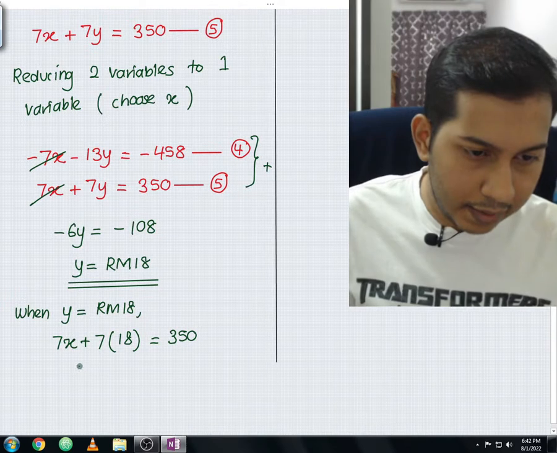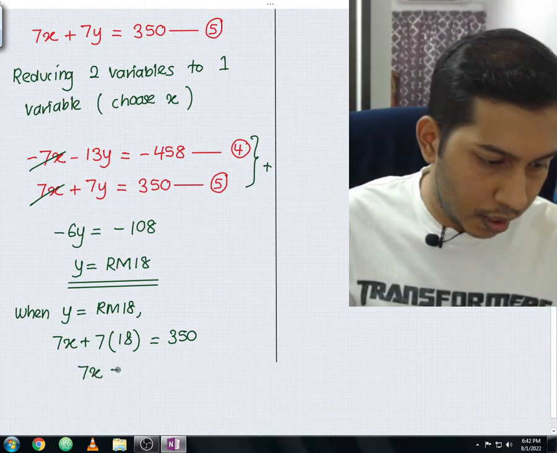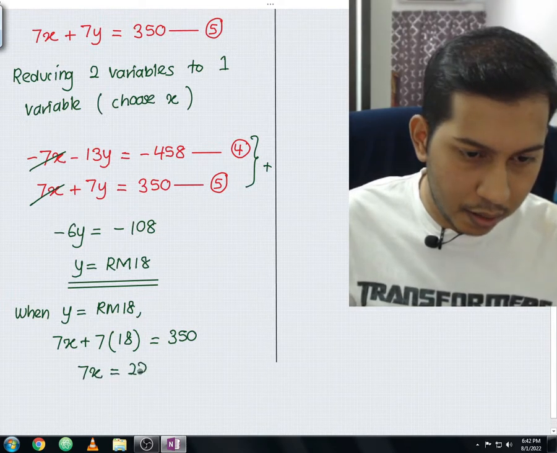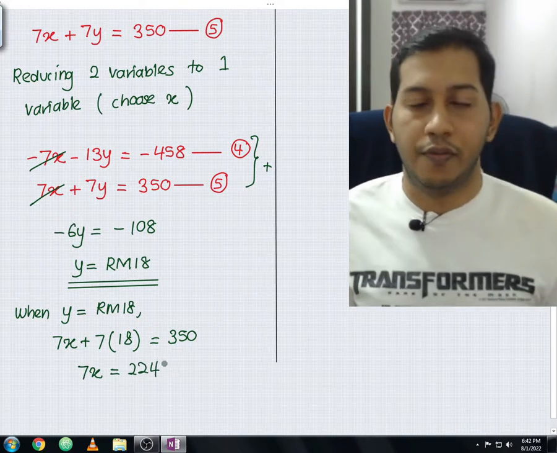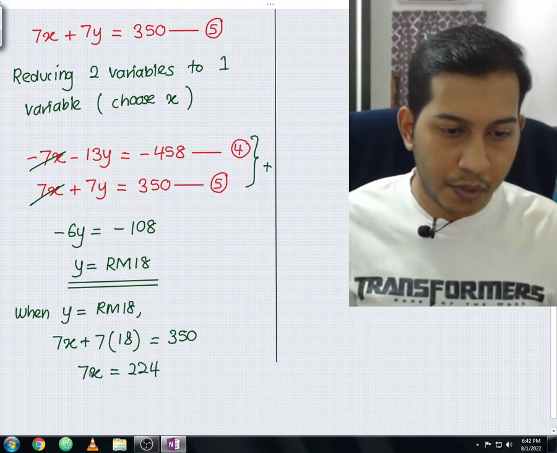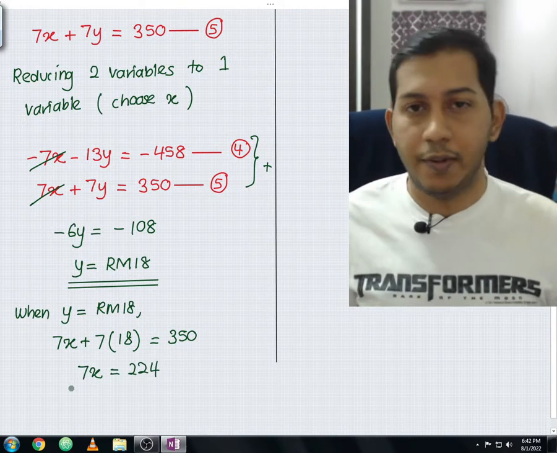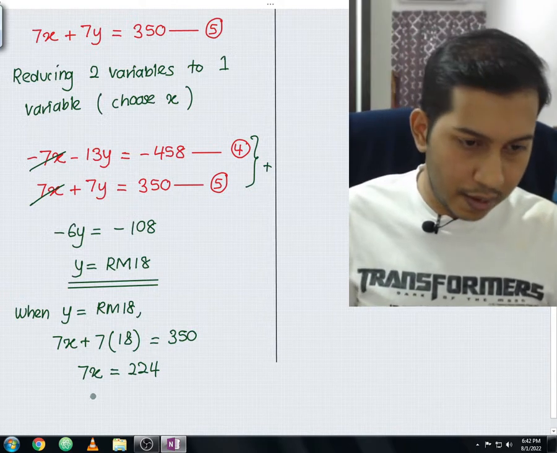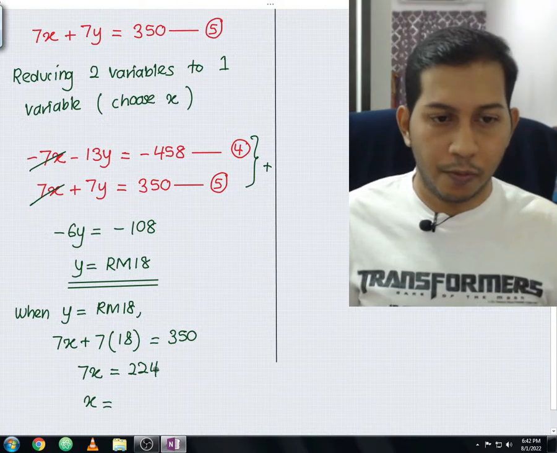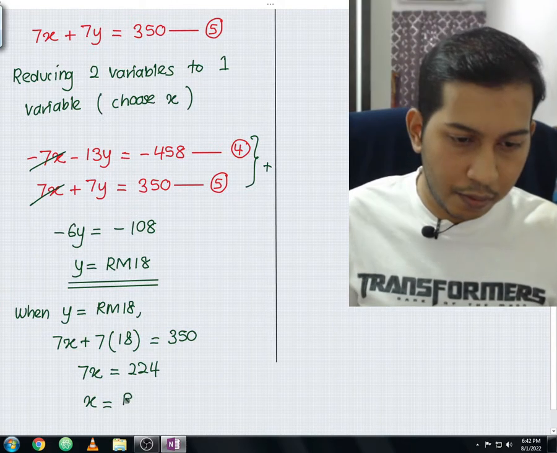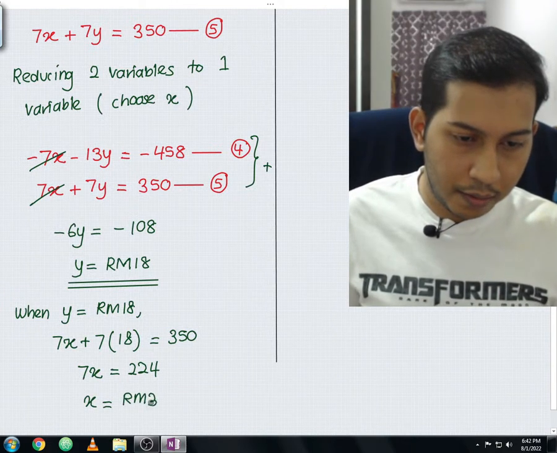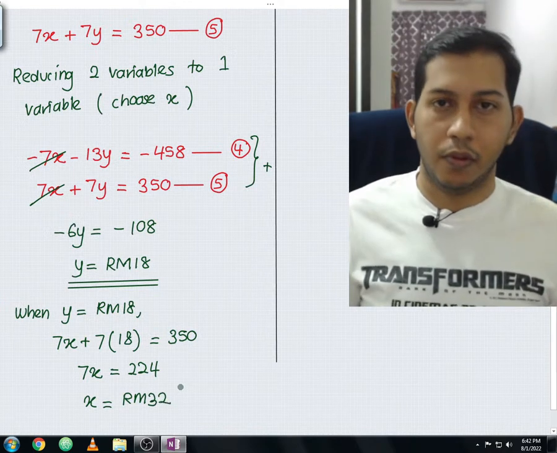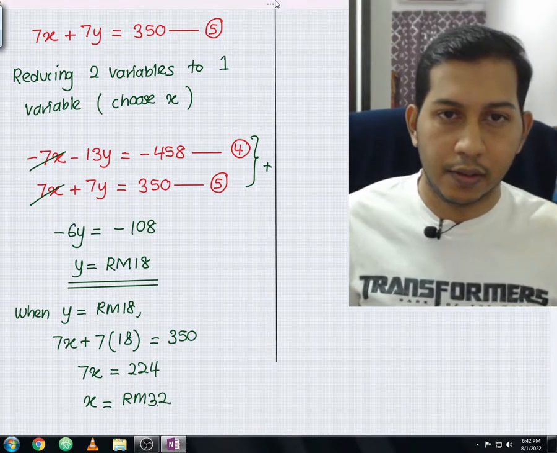So from here you get 7x equals to 224, okay. So to get the x, what you do, 224 you divide by 7, so from here you get your x is equal to 32, okay, where in this case it will be 32 ringgit, okay. So let me underline the second solution.